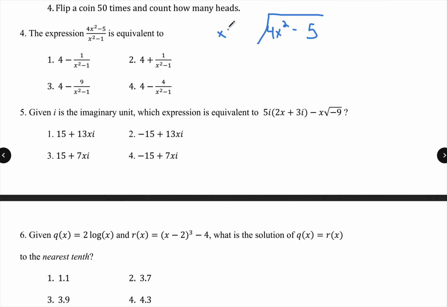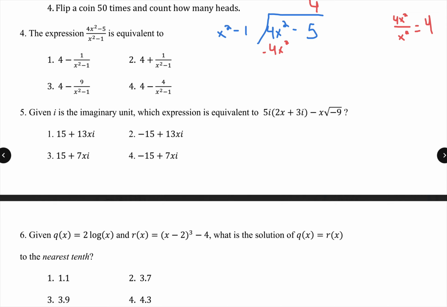X squared minus 1. And that's why I like to do that with the leading terms: 4x squared all over x squared, because what happens here? The x squareds cancel out. I'm just left with 4. So I'm going to put the 4 up on top of the 5. Well, 4 times x squared is 4x squared.